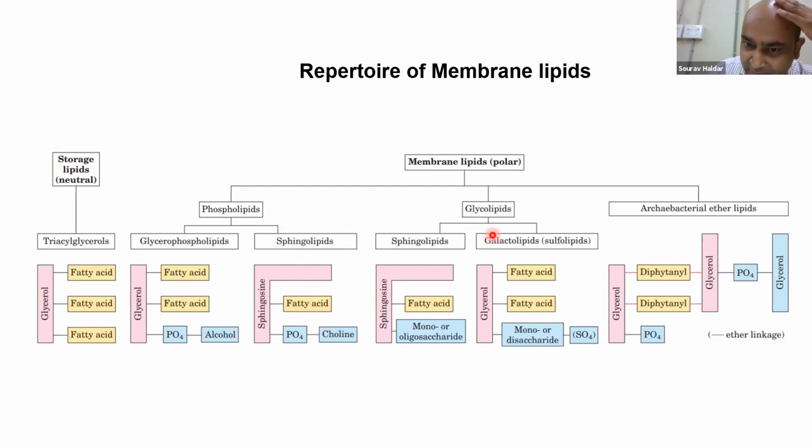Similarly, there will be lipids called glycolipids, where instead of the phosphate group, a sugar moiety will be attached, and different kinds of sugar moieties can be attached, and then they are largely called glycolipids, and a subcategory of them is known as glycosphingolipid.